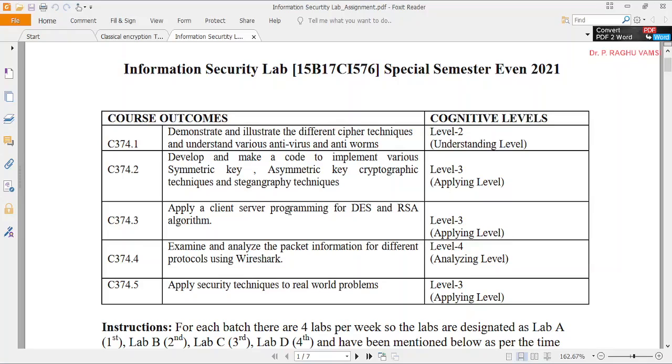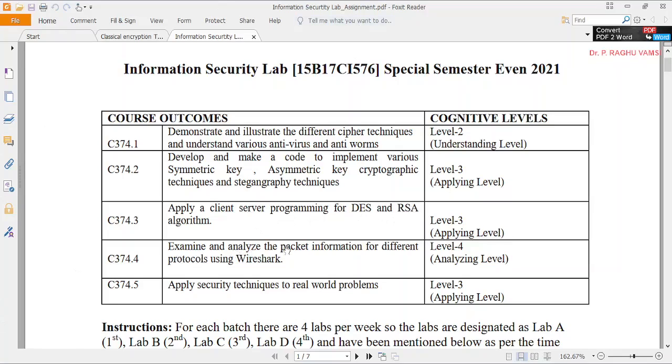If it is a public key algorithm, obviously it has to use its own private key to decrypt it. If it is a symmetric key algorithm, then the same key used for encryption will be used for decryption also. So this concept we are going to see in the third part, that is, applying a client server program for the data encryption standard DES and RSA algorithm.